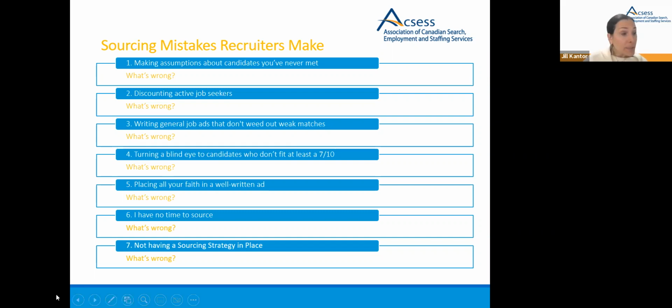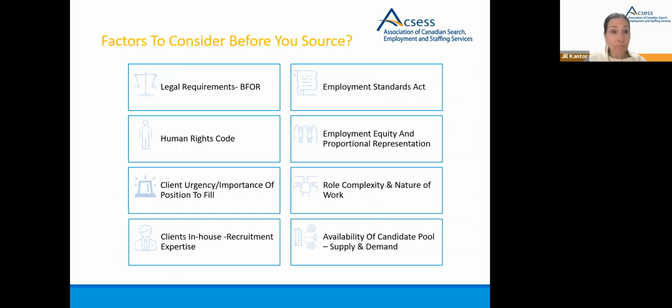This is one that I often see a lot of people really struggle with, just kind of winging it, and it can get very complicated and challenging to manage, because you might, or most likely will, have multiple jobs at the same time that you're sourcing for.